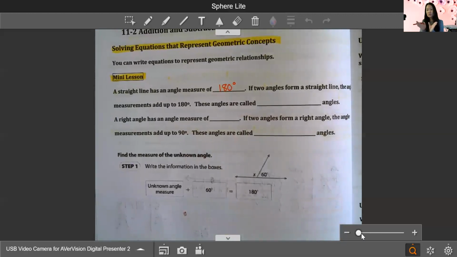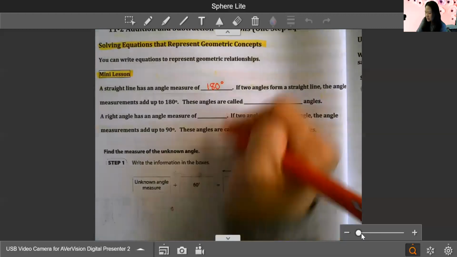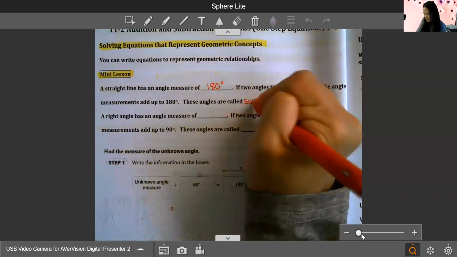When you put the two angles together and they form a straight line, these two angles are called supplementary angles.